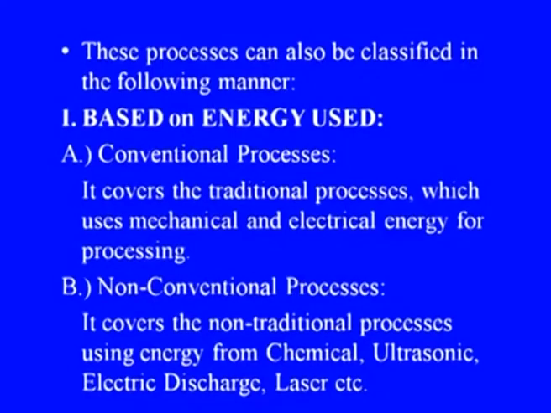In the conventional processes, mechanical and electrical energy are used for the processing. However, in the non-conventional processes, the energy from chemical, ultrasonic, electrical discharge, laser, etc. are used. So, this can be categorized like this.